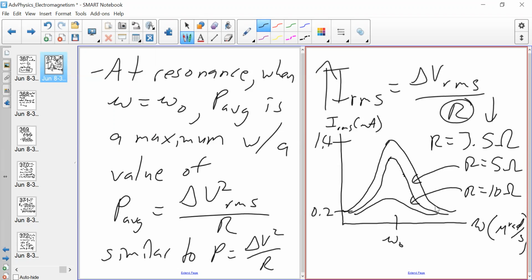Larger and larger still. That width is described by something called a quality factor, the sharpness of the curves. I didn't make these very sharp, but this should have been a very tall peak.